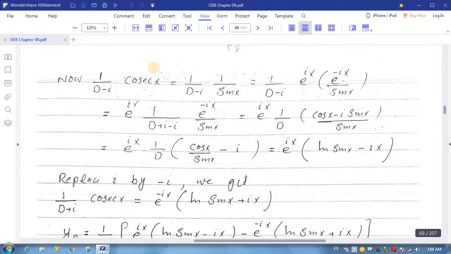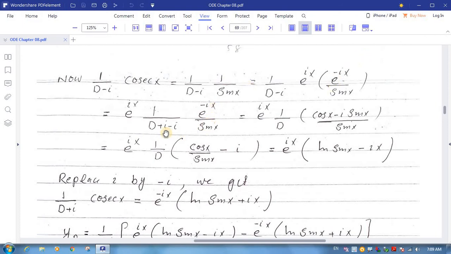Taking this function, this is the first term. Now cosecant is equal to 1 over sine, and we can introduce an exponential function here and also here. Now here we have a product of two functions, this is the first function and this is the second function. Applying the exponential shift theorem, shifting this function here, we replace D by D plus iota and put this function as it is.